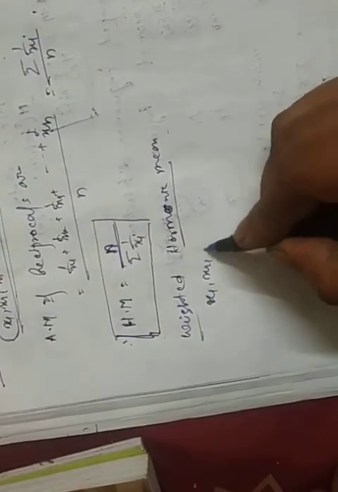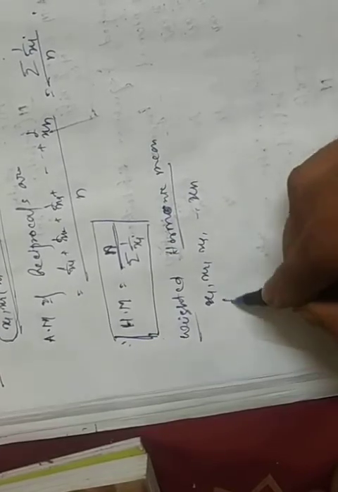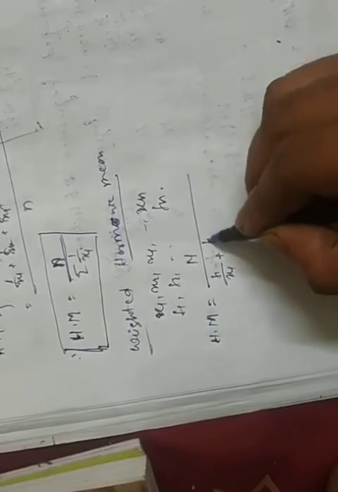And also for the weighted harmonic mean, if x1, x2, x3 correspond to f1, f2 up to fn, I will directly take the formula as it is given, which is harmonic mean equals capital N divided by f1 by x1 plus f2 by x2 plus f3 by x3 plus up to fn by xn.